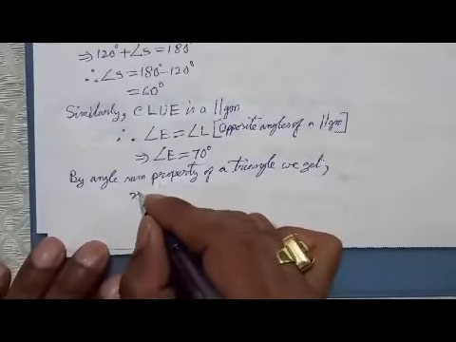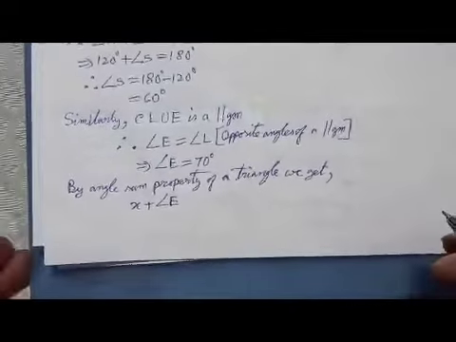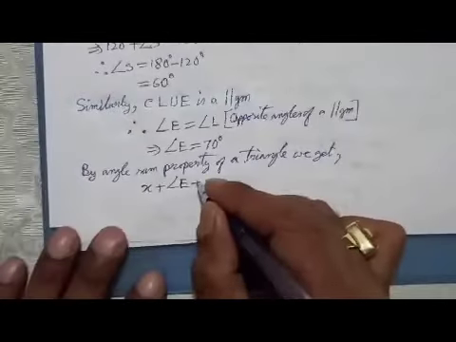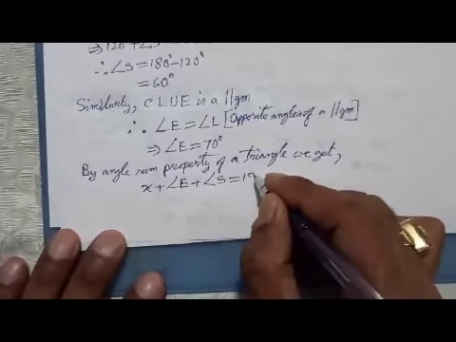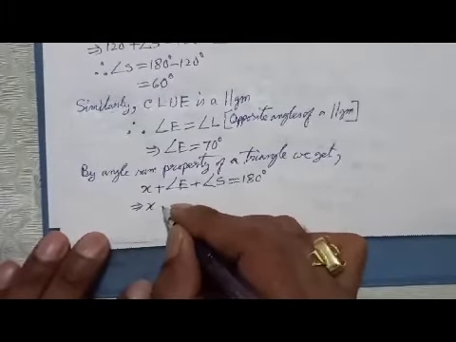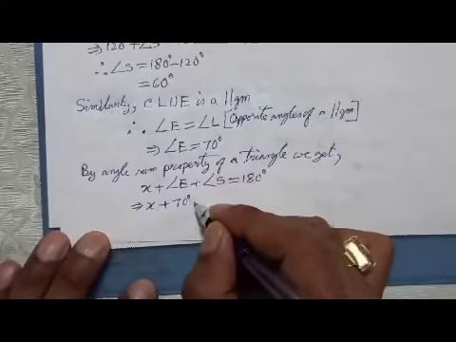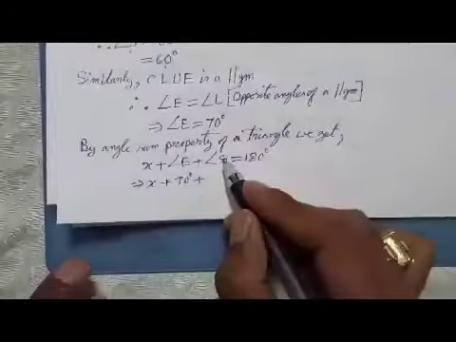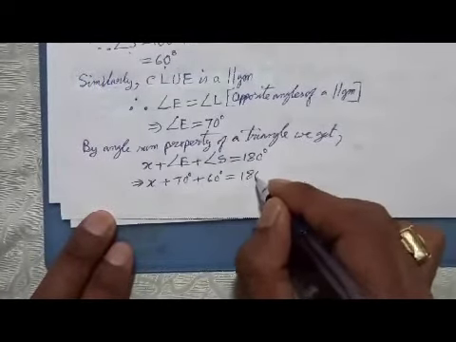So x plus angle E plus angle S, and the total angle in a triangle is 180 degree. This implies that x plus angle E is 70 degree plus angle S is 60 degree. So this angle is 60 degree is equal to 180 degree.